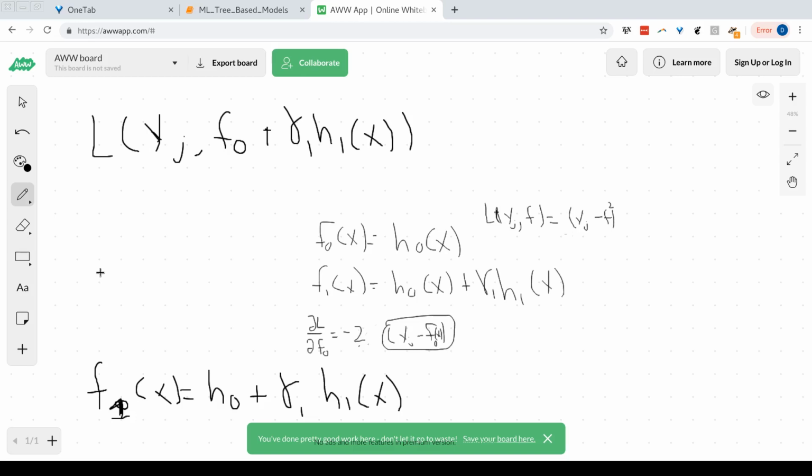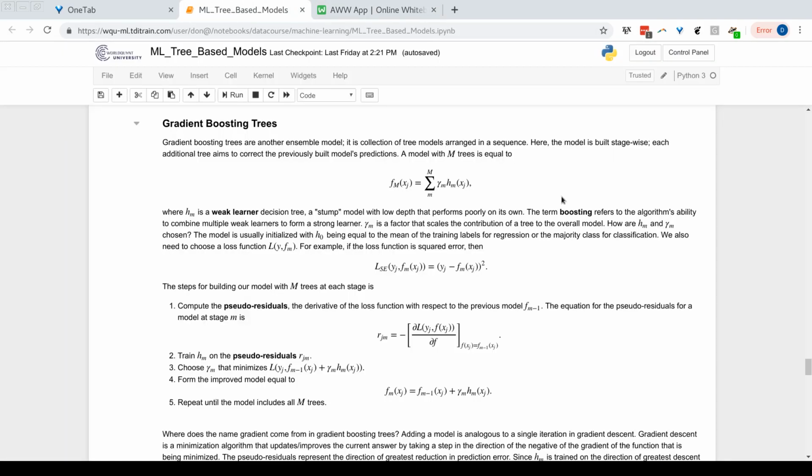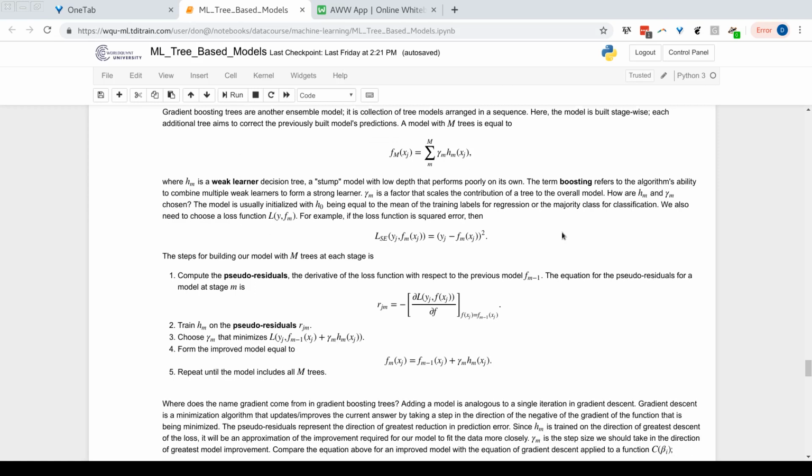So these new models are trying to fix any of the previous errors from the upstream models in this chain. And so now we have a series of trees. And of course, we repeat until we've met our criteria of how many trees we want in our series.